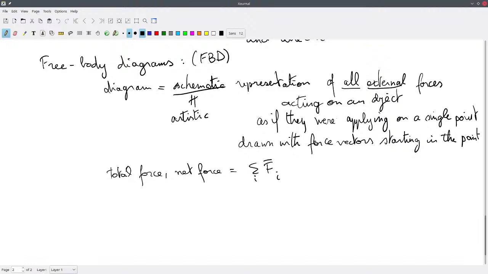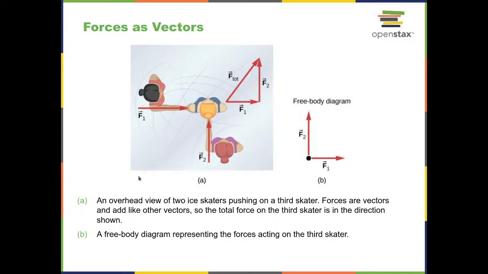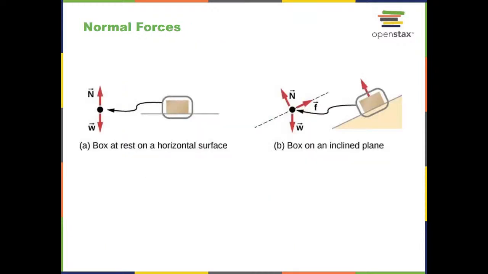So that's going to be something we're going to do a lot in the next weeks. We're going to apply that to these kinds of scenarios where we have forces applying on a person, and that causes this person to move, for example. We're going to look at that as forces for objects that are resting on a surface.